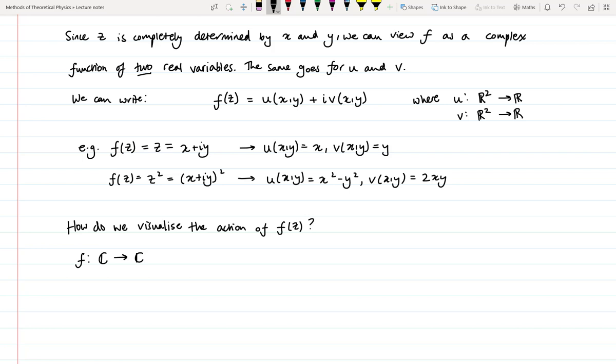So the domain and range of our function are the set of complex numbers. The domain and range can therefore be drawn individually in 2 dimensions.